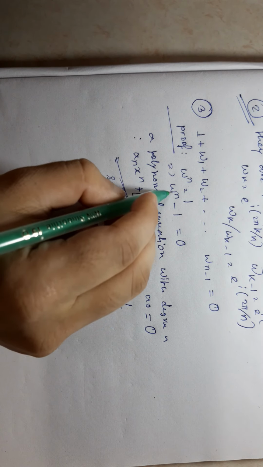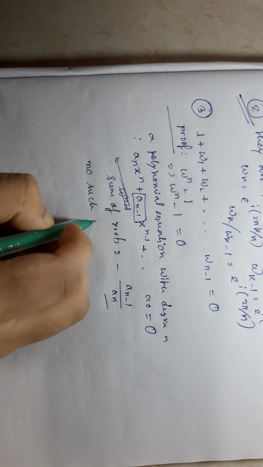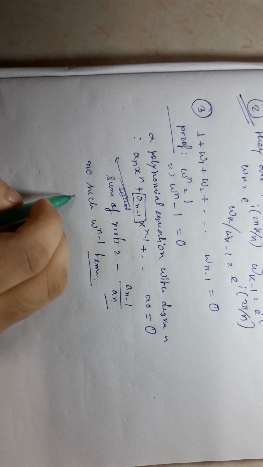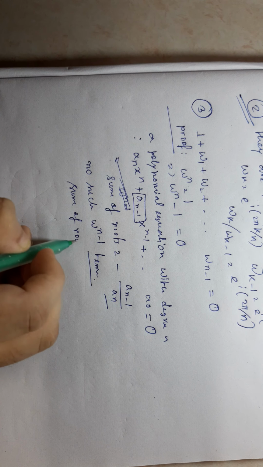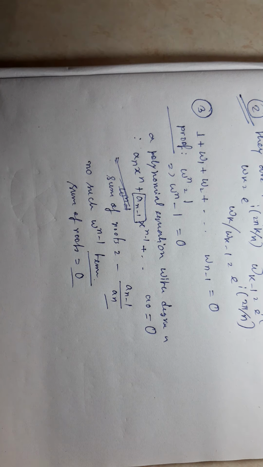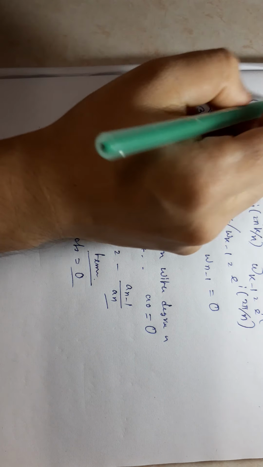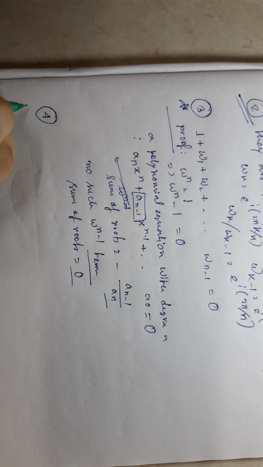And here there is no such omega to the power n minus 1 term. So this coefficient is 0, so the sum of roots is equal to 0. Okay, this is very clear, and this is a very important concept. These three are very important concepts, and as I proceed further you will discover some other important properties.